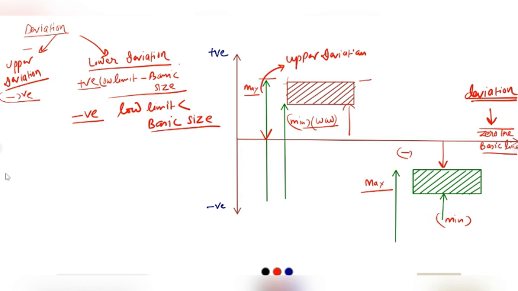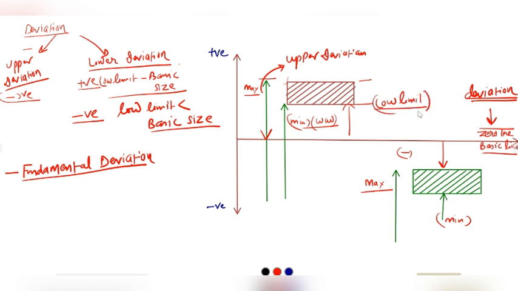Now the next important term is the fundamental deviation. So what is fundamental deviation? Fundamental deviation is defined as the nearest dimension from the basic line. For an example, in this case the low limit is the closest to the basic line, then this will be called the fundamental deviation.